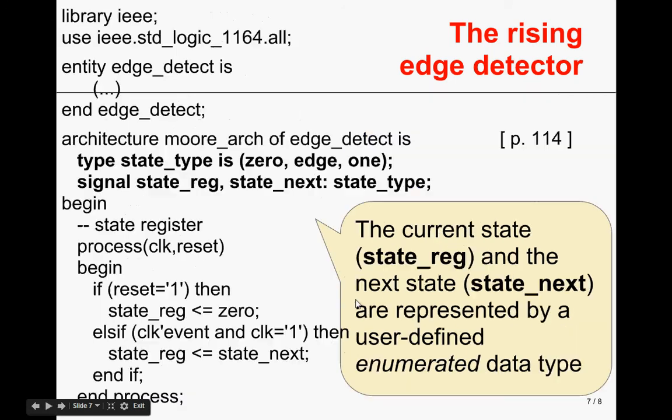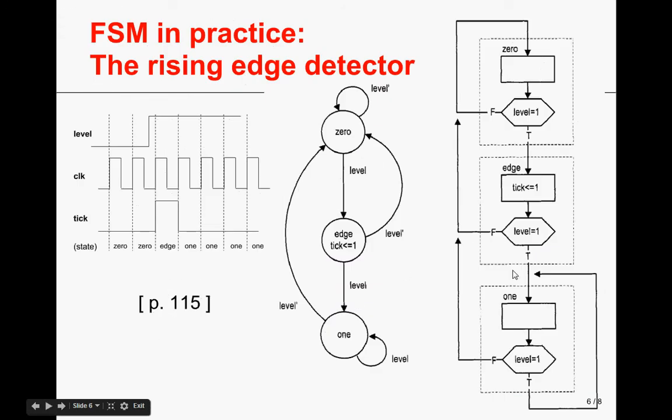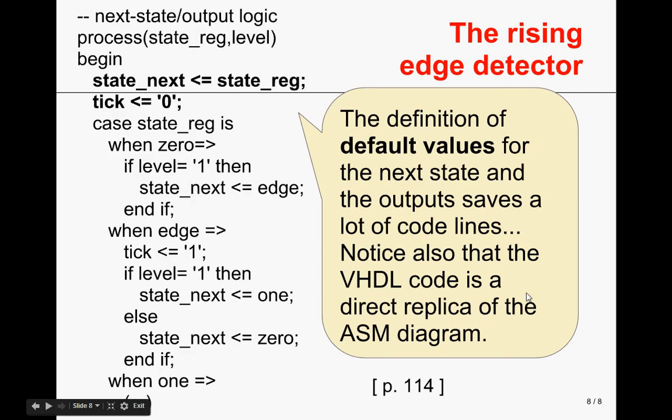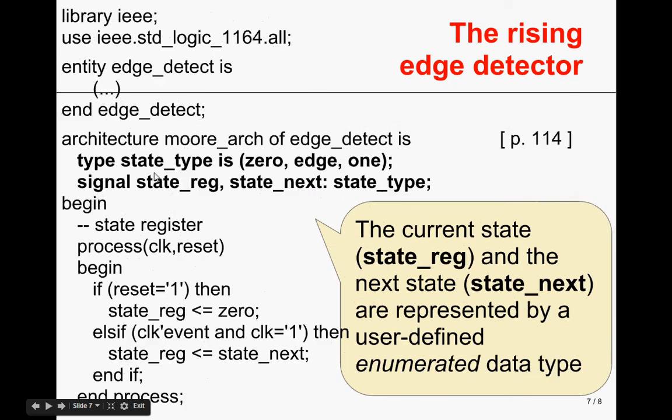So coding the ASM chart is a very straightforward task indeed, and you just have to replicate what you see in the ASM chart using the case and if sequential statements.